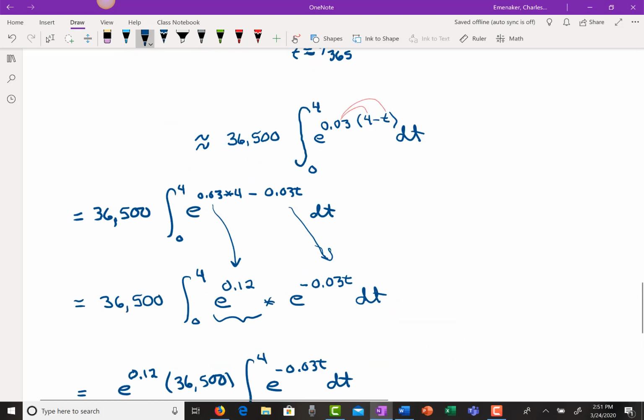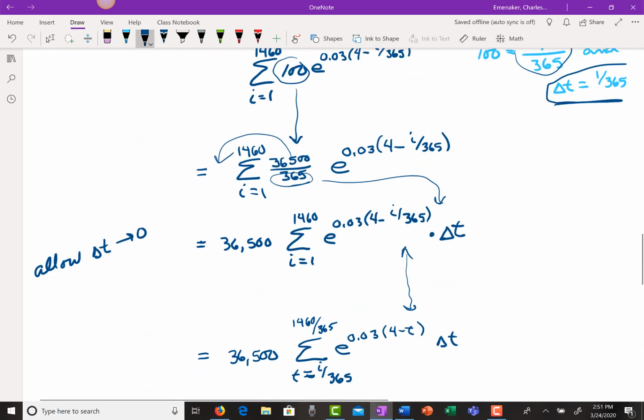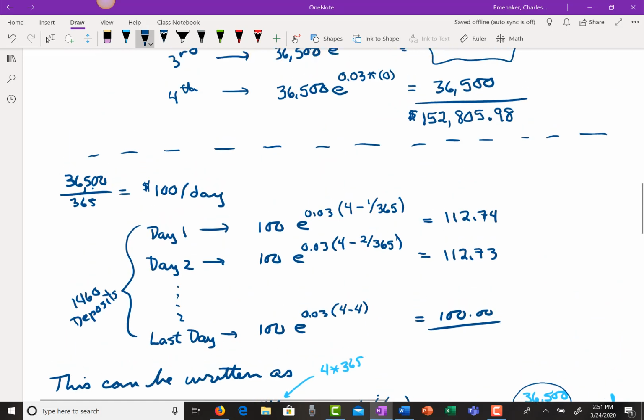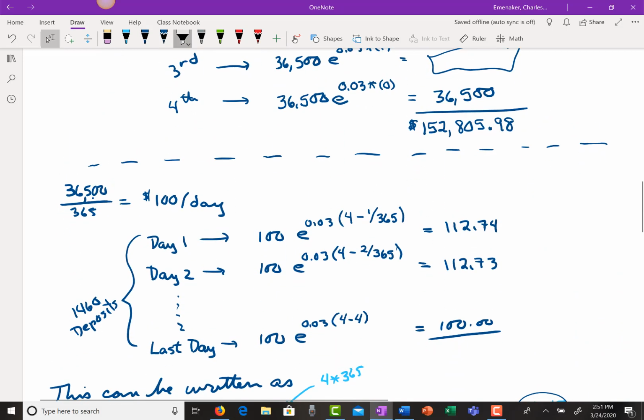If you take a look at the earlier computation, at this earlier stage, when we were just looking at investing at the end of each year, we wound up with $152,000. The difference between these two amounts, the $152,000 and $155,000, is the difference in the rate at which interest was compounding.